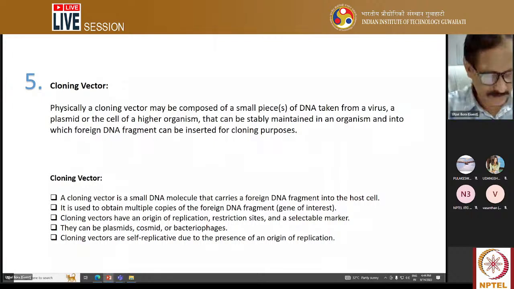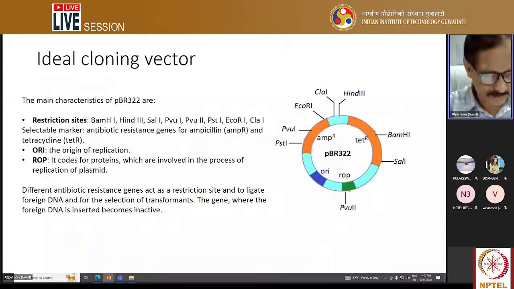Through these, we obtain multiple copies of the foreign DNA fragment, and these cloning vectors will have an origin of replication, then restriction site, and a selectable marker. It can be plasmids, cosmids, or bacteriophages, or having elements of some of these DNA molecules. And since they have an origin of replication, they are self-replicative, which is well understood. And there are various features which make a cloning vector ideal. We already told about the origin of replication, which is important.